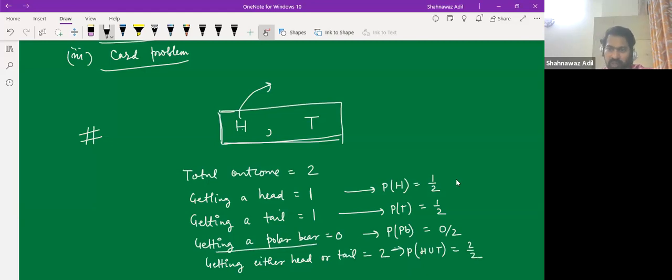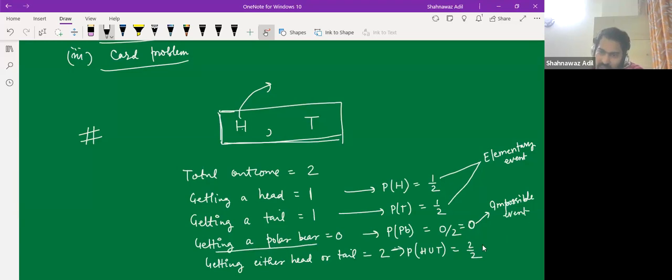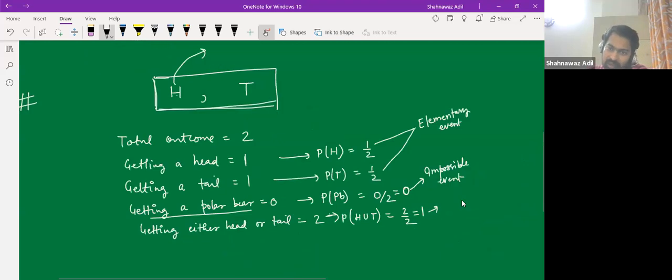These kinds of probabilities, where all the scenarios have equal chance, are called elementary outcomes, right? If I get a zero probability, this is called impossible. And if I get a probability of 1, that is called certain or sure.